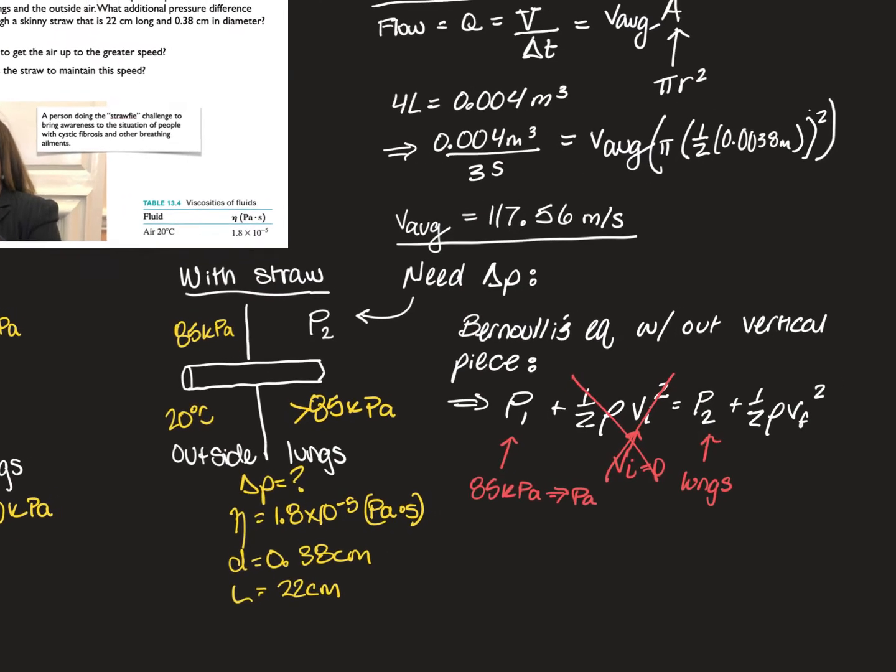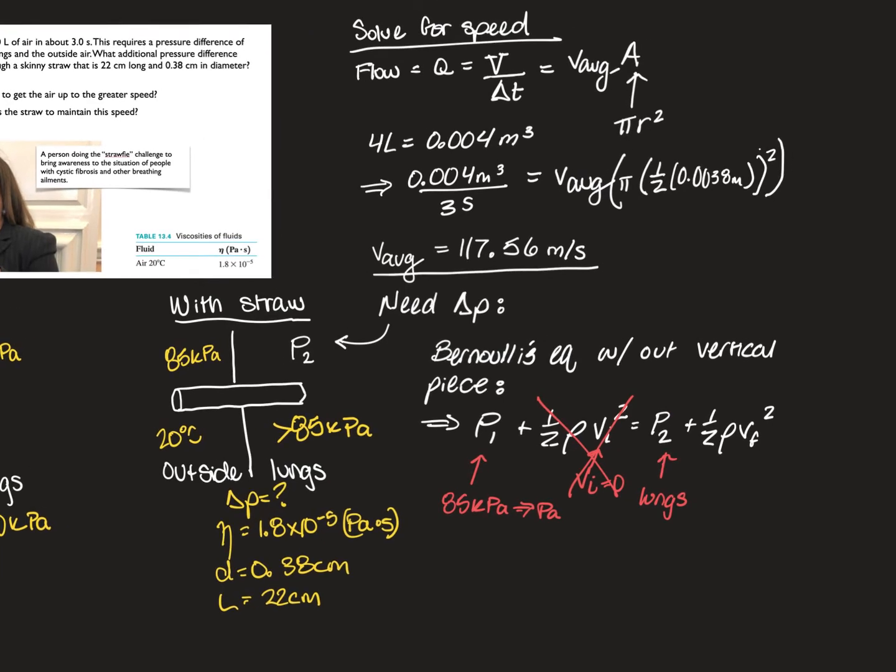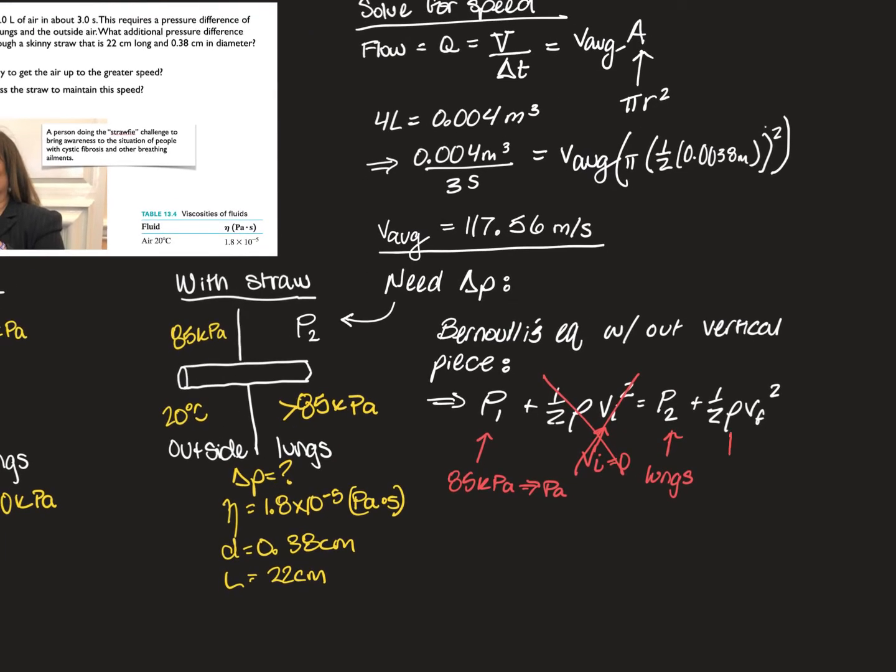We know that the density of air is just 1, and our final speed we just found is 117.56 meters per second. So if we rearrange this to solve for P2, we say that P2 is equal to P1 minus 1/2 the density times the final velocity squared.